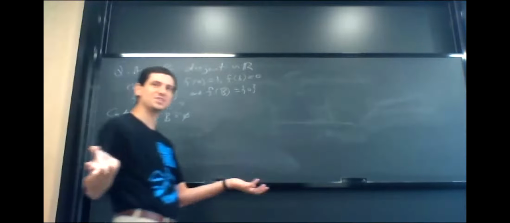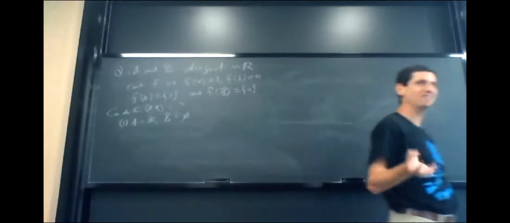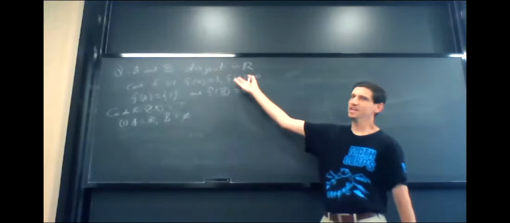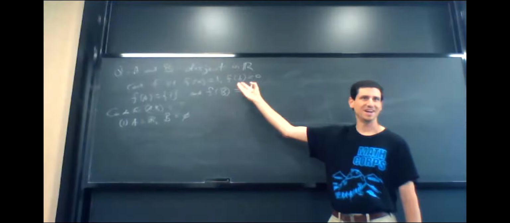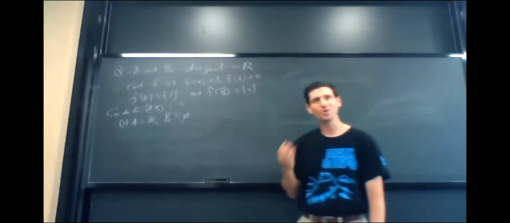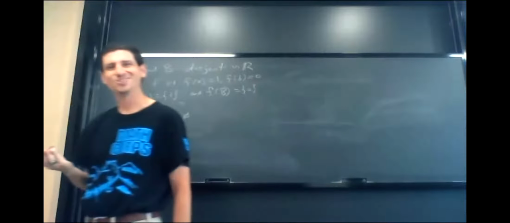So the way we have things defined, does this work? Well, disjoint means they don't have an element in common. R and the empty set don't have an element in common. What this means is, if you take any element in B, f of that is 0. There are no elements in B. So the way it's phrased, you are, I believe, correct.